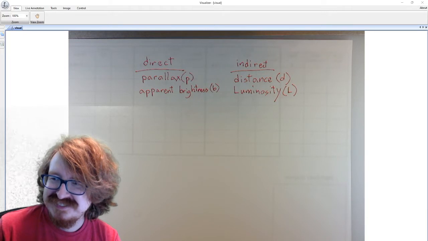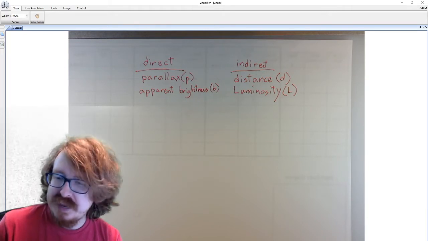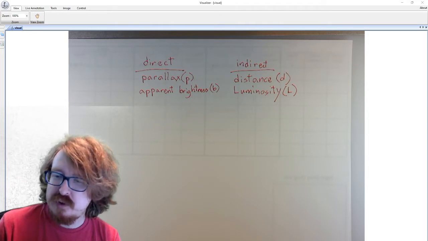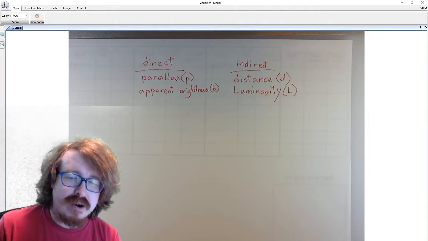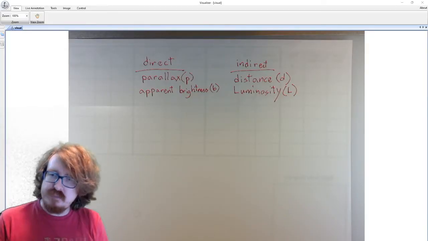You guys still here? It would be higher. That's correct. So if the star makes more light, it's going to look brighter, okay?